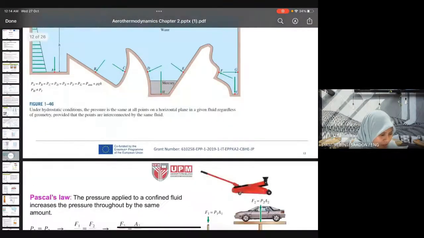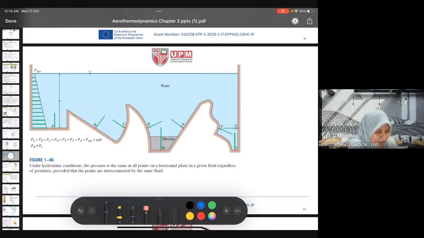At different points in the water depth, A, B, C, D, E, etc., even though the surface is different, depending on the slope, horizontal or vertical, the point here is the height h, from the surface of the water to the bottom level at points A, B, C, D. As long as h is the same, the pressure at those points will actually be the same, because we only focus on the atmospheric pressure at the surface plus rho gh.